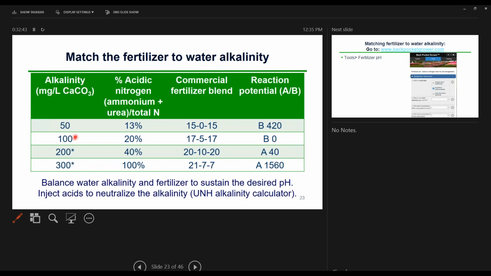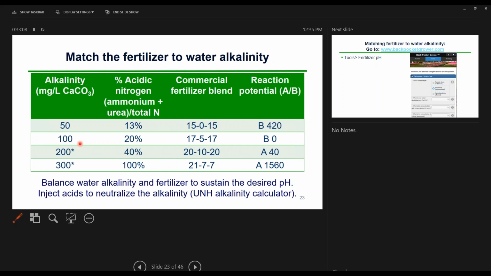So if we have a water alkalinity that's low, so something like 50 is considered very low, that means that there's very little in that water that's going to react with acidity. So you want to make sure that you use a fertilizer that's on the basic side, right? If you have, on the extreme, something between 100 and 180, you know that you have some room.